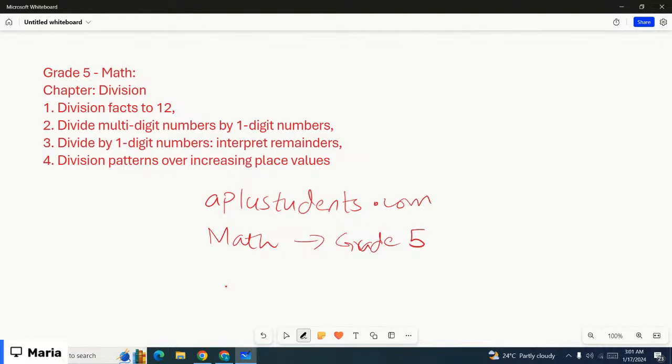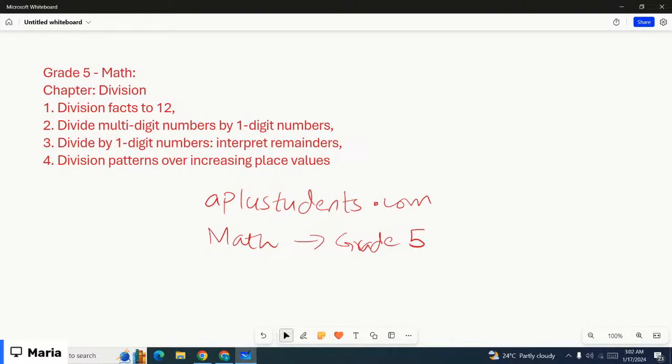We're going to start with the chapter division, and the lessons we're going to cover today are division facts to 12, divide multi-digit numbers by one-digit numbers, divide by one large numbers, interpret remainders, and division patterns on increasing place value.